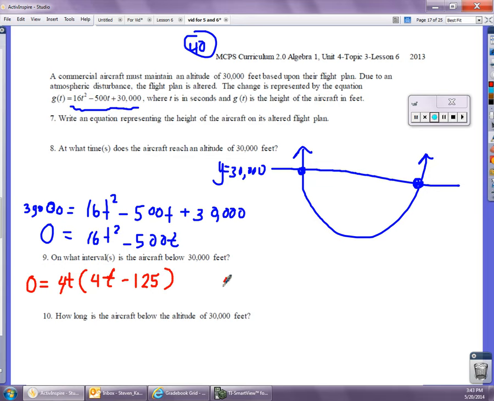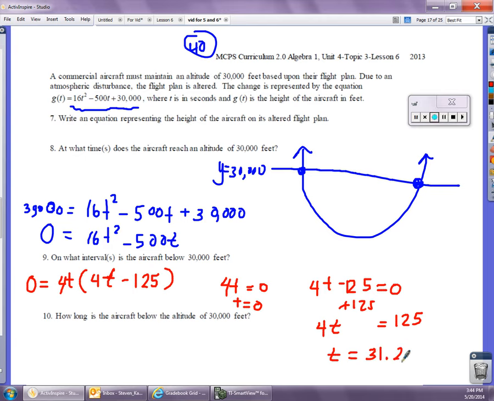So I can set each one equal to 0, 4t equals 0. When I divide by 4 on both sides, I get time is 0. And the other one, set equal to 0 and solve. Divide by 4, and you end up getting about 31.25.